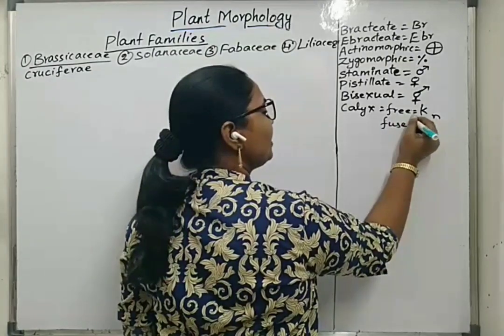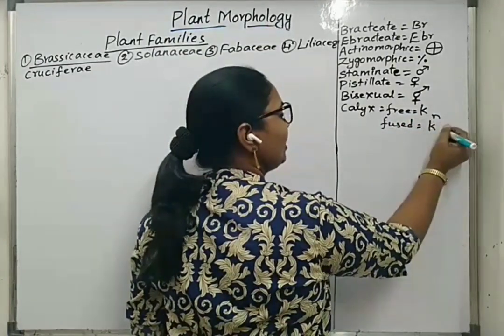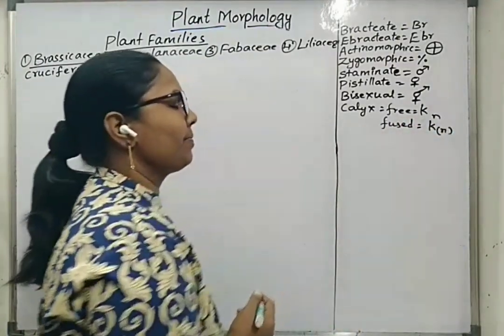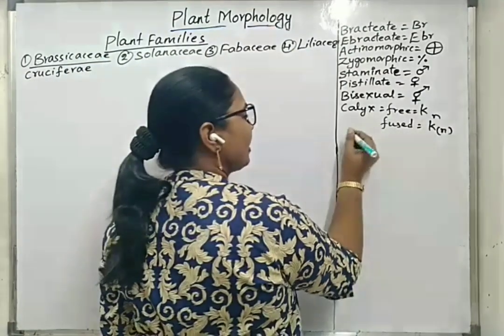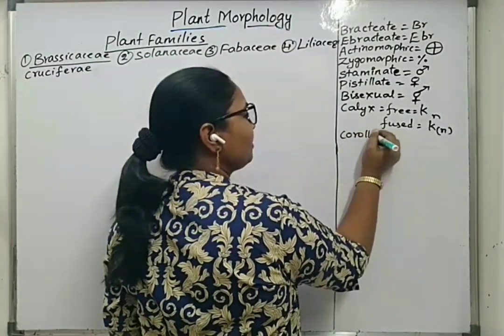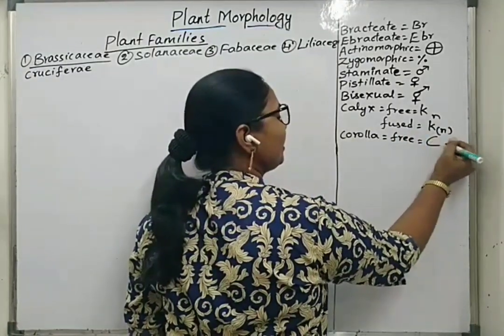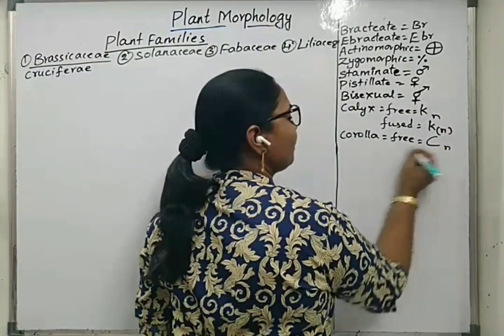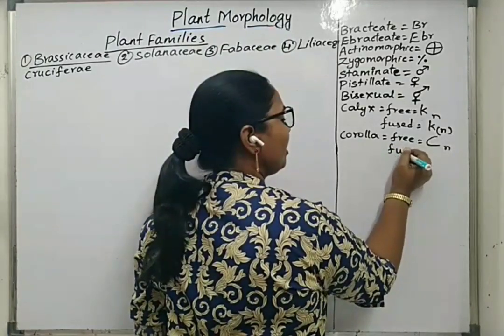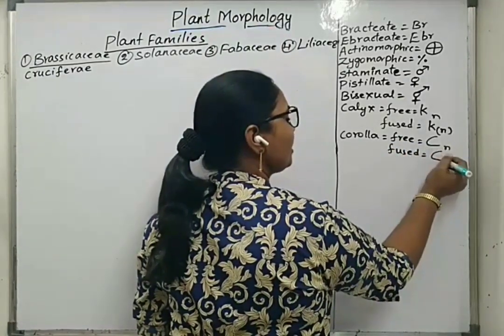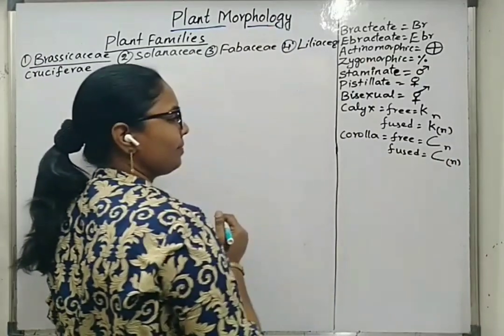If the sepals in a calyx are fused, the number of sepals is encircled in round brackets. Same thing with corolla. If petals in a corolla are free, it is represented with capital C, N. If petals are fused, it is represented with brackets.